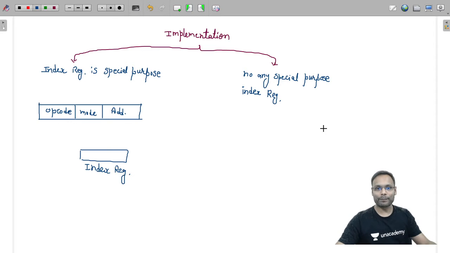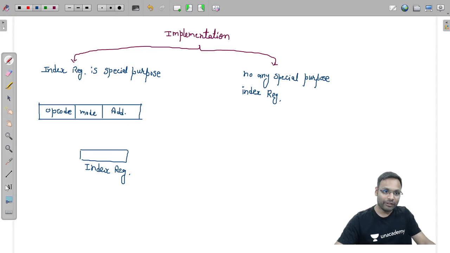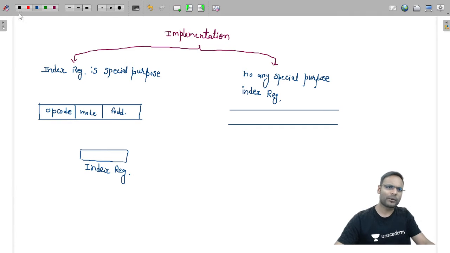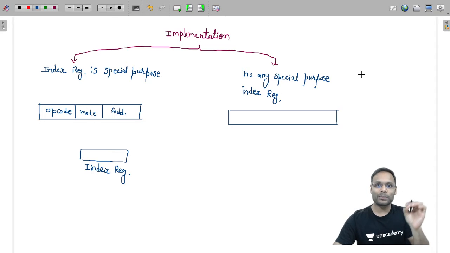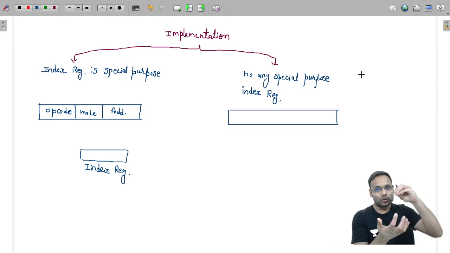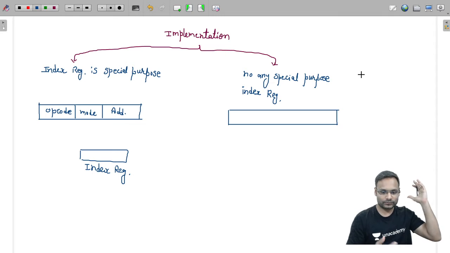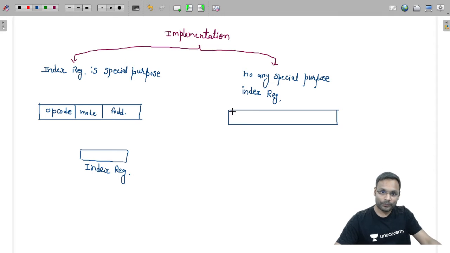So in that case what happens? In that particular case we will be having an instruction, and that instruction says कि हम किसी भी जनरल पर्पस रजिस्टर को इंडेक्स रजिस्टर बना लेंगे थोड़ी देर के लिए. Any general purpose register can be used to keep our index value. तो opcode, mode, and we will be having one particular field for saying which register is the index register for this instruction.